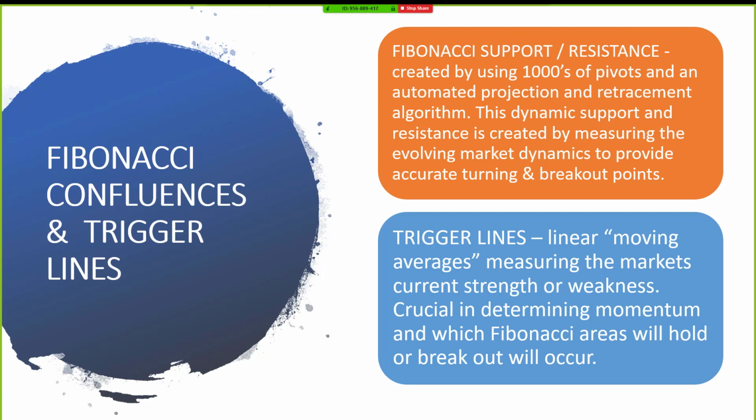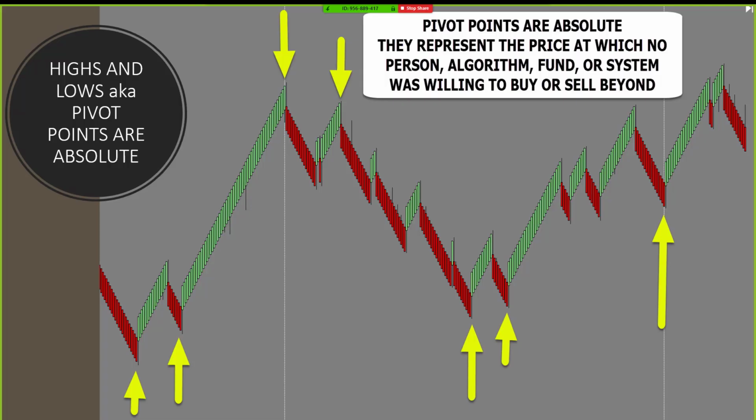And just to give you some of the basics for Fibonacci, when you look at a chart, and really this is where I fell in love with Fibonacci in the beginning, because the guys that taught me Fibonacci back in the mid-90s said that Fibonacci is absolute. What they meant by that is that Fibonacci projections and Fibonacci retracements only begin and end at pivot points.